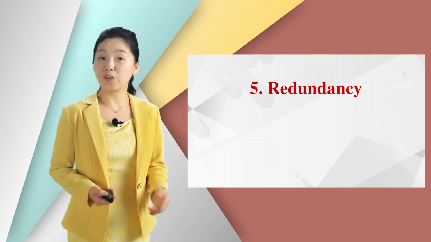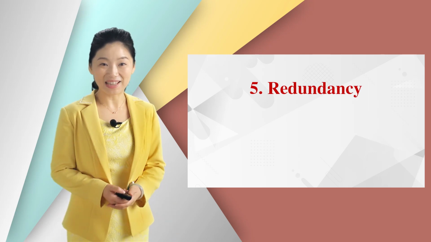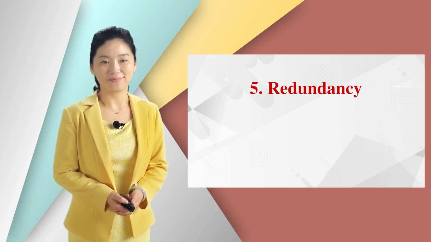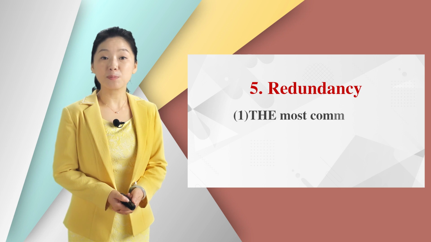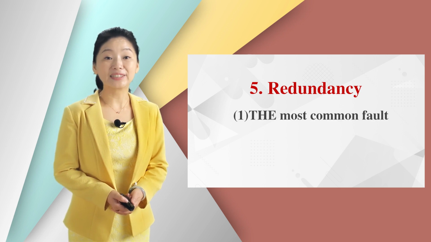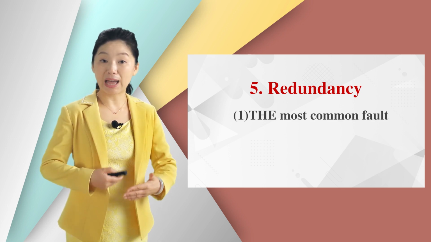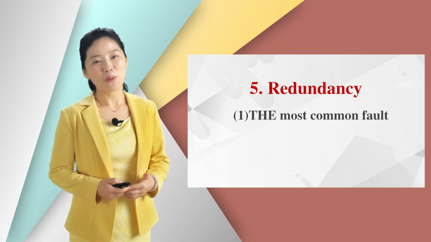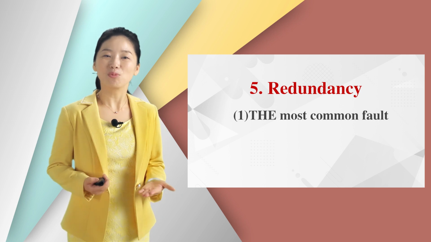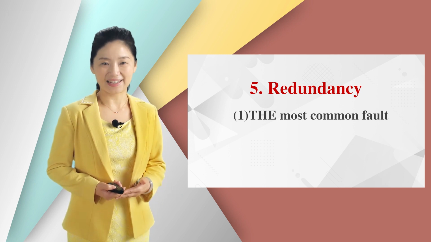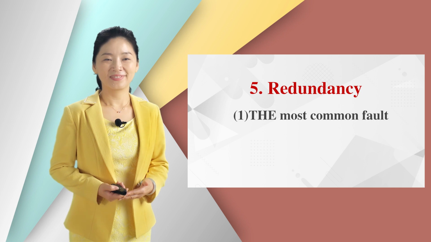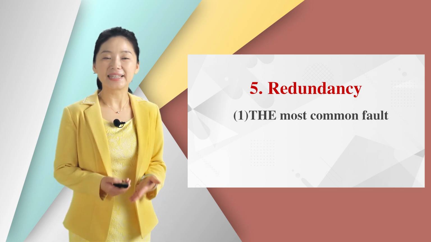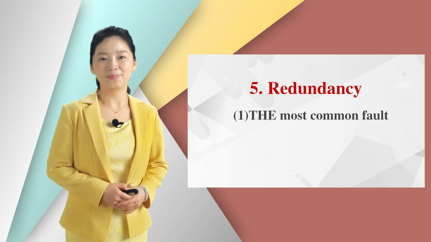We have to face a problem in the results section. That is repetition. To be specific, you have clearly presented the results by tables and figures, but you repeat such results in texts. This is the most common fault made by so many authors.